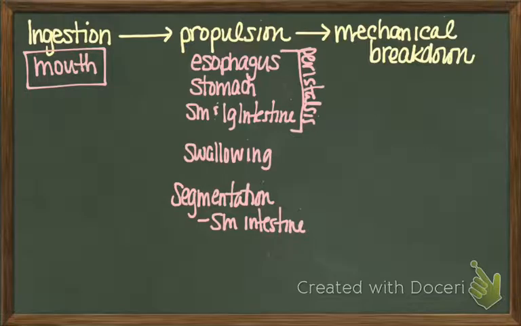And then we have mechanical breakdown. Mechanical breakdown, I would say, is occurring as things are being propelled too. So mechanical breakdown, that's chewing. That's happening in your mouth. So we have chewing. We have churning in the stomach.